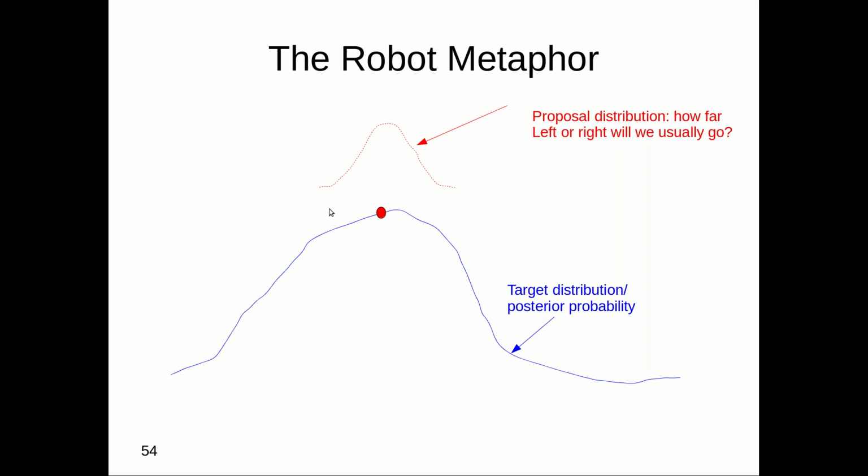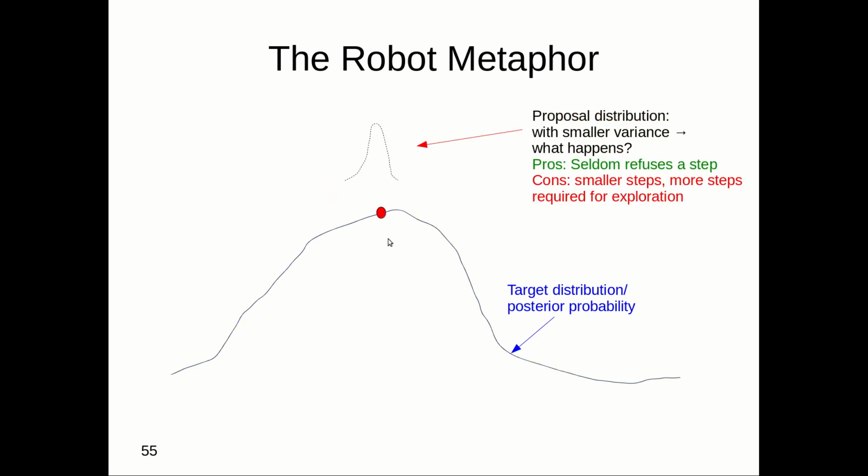So the robot is given this proposal distribution, and then it just randomly draws from this distribution to decide where to go next. Most of the time it will make rather small moves, but sometimes it may also make larger moves at the outer parts of the proposal distribution here. Okay.